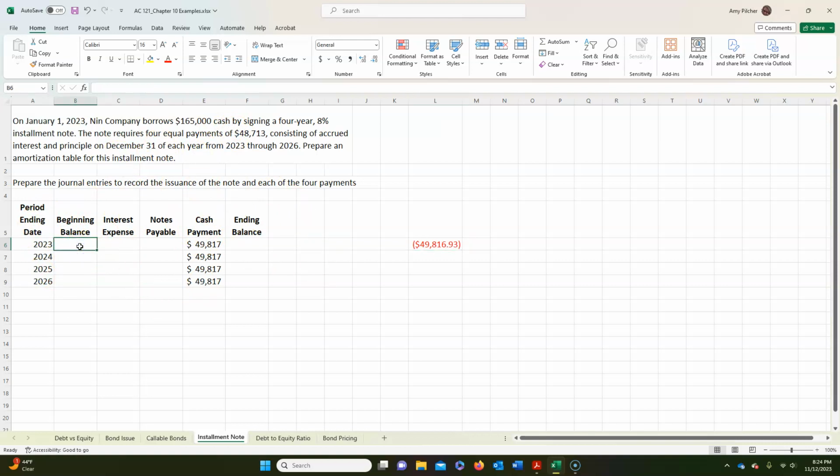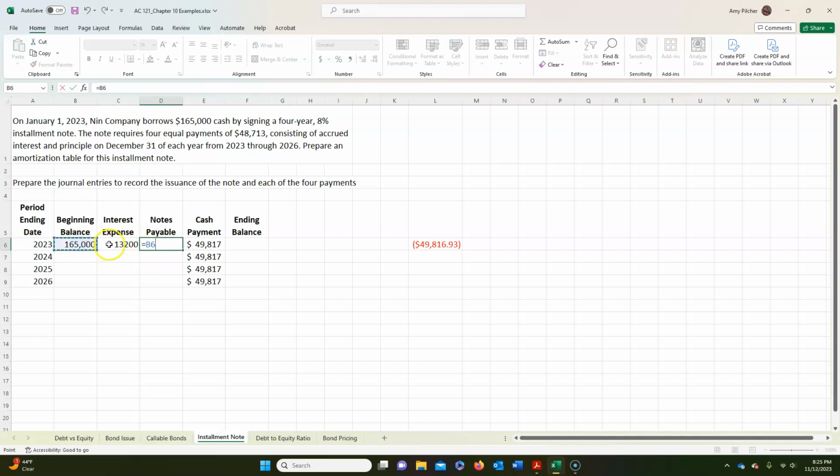An amortization table looks at, when you make a regular payment, what part of it was interest expense and what part was principal. The beginning balance of this loan was $165,000. We have an 8% interest, so the balance times 0.08 gives our interest expense of $13,200.